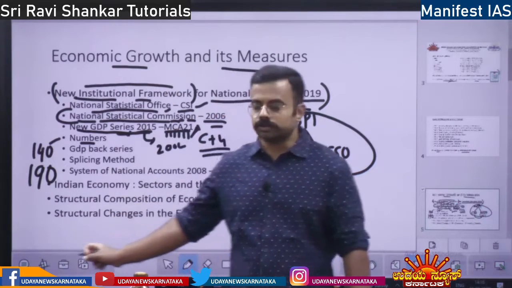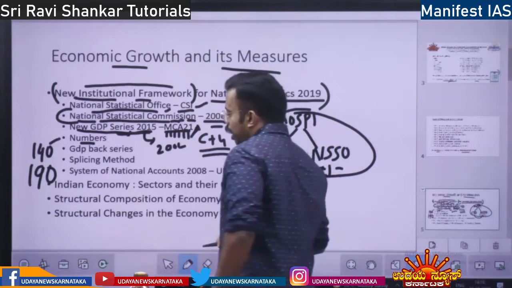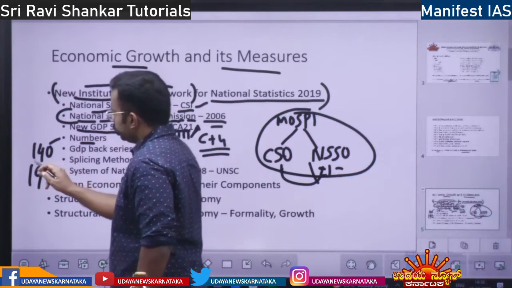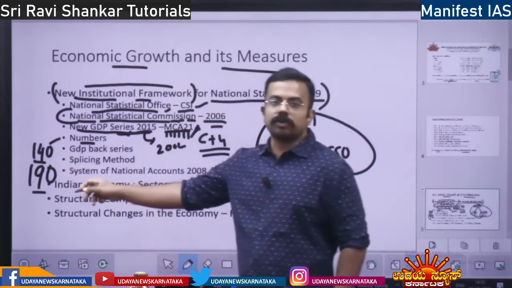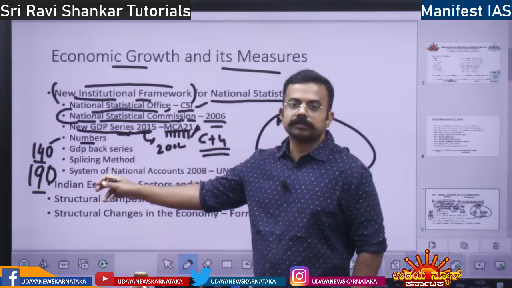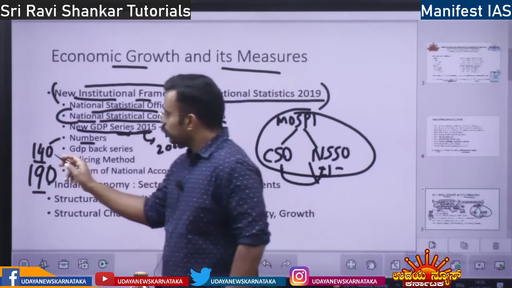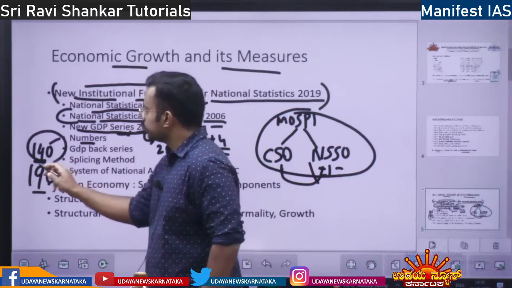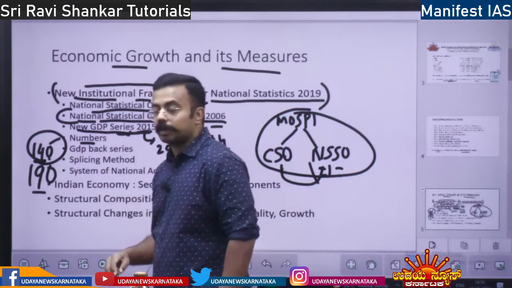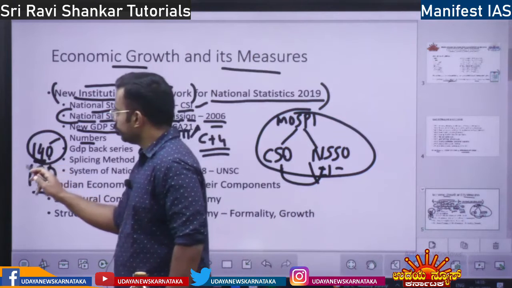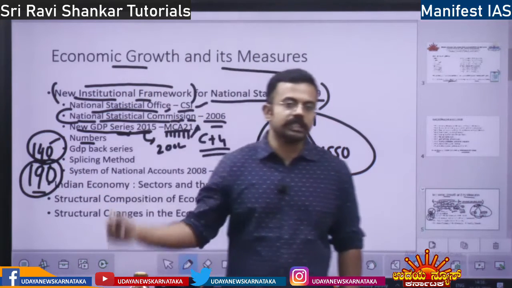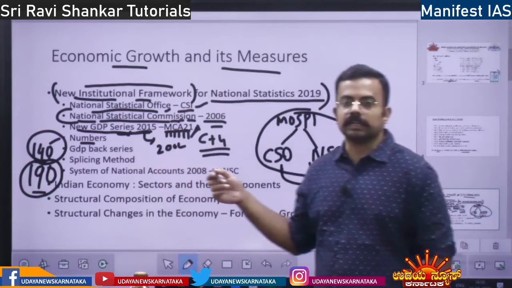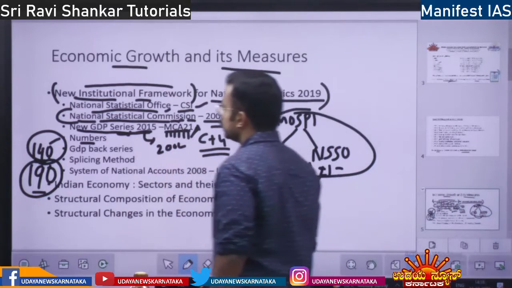So what does it show? There is 50 lakh crore worth of inflation. Real GDP, real numbers without inflation, is 140 lakh crores. With inflation, the nominal GDP is 190 lakh crores. This shows the impact of inflation, how prices are rising.